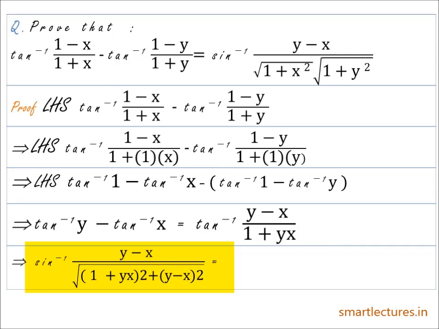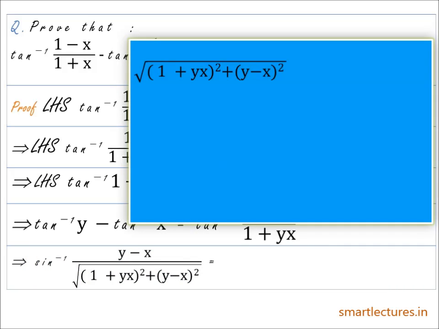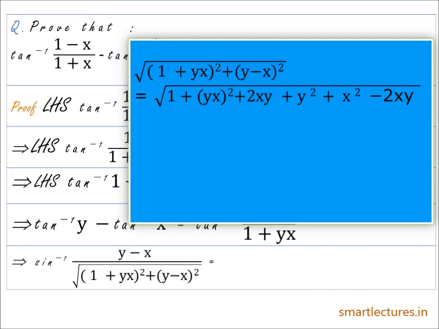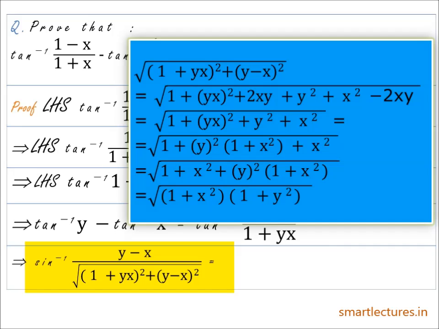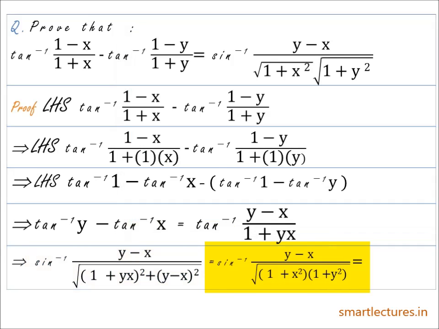And after simplification, this expression reduces to sine inverse y minus x upon square root of 1 plus x square into 1 plus y square, and which is equal to the right hand side.